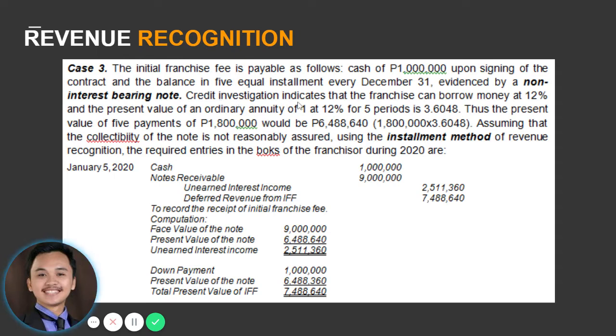Credit investigation indicates that the franchisee can borrow money at 12% and the present value of an ordinary annuity at 12% for 5 periods is 3.6048. Or in short, your present value factor, as if you borrowed money to use in paying the balance, is 3.6048.